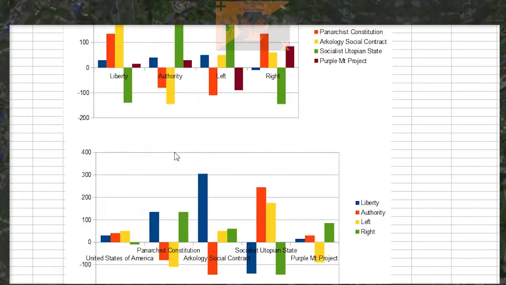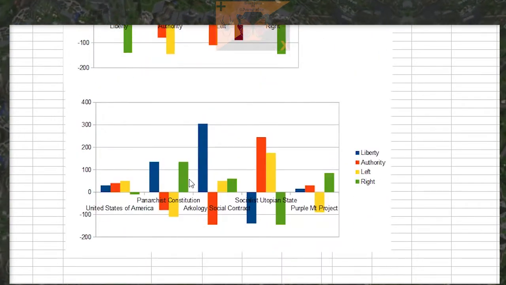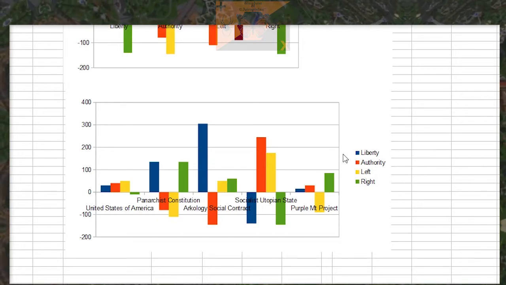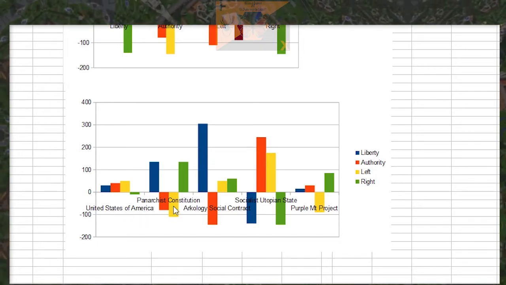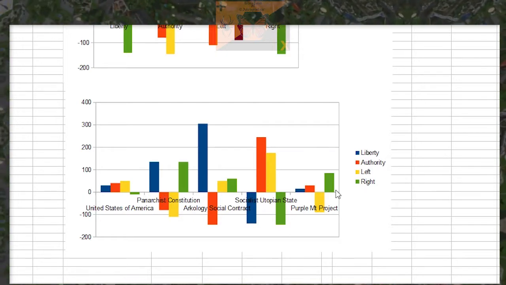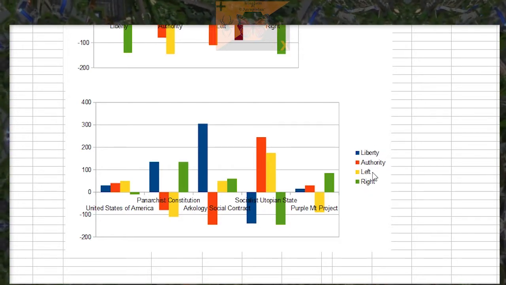And then you can give these 2 charts, same exact data, just 2 different ways of looking at it. Right here we have the constitutions on the x-axis, and then the legend is liberty, authority, left and right.